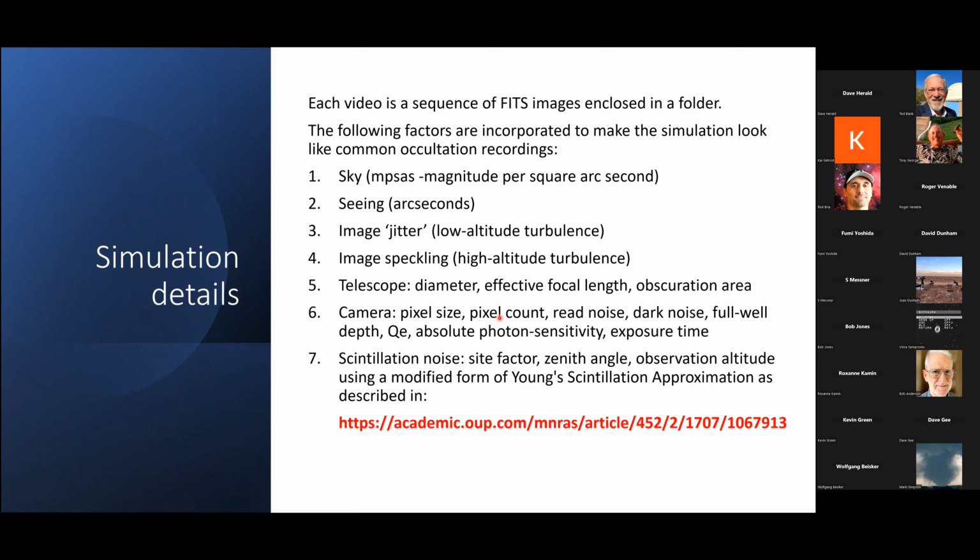Finally, on the camera, the pixel size, the pixel count, the read noise, the dark noise, the full well depth, the quantum efficiency, the absolute photon sensitivity and exposure time. You can tell I spent too much time doing bench testing of cameras, which, by the way, I'm beginning to think is sort of a waste of time.